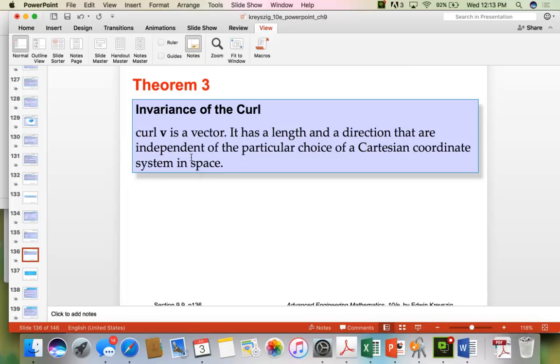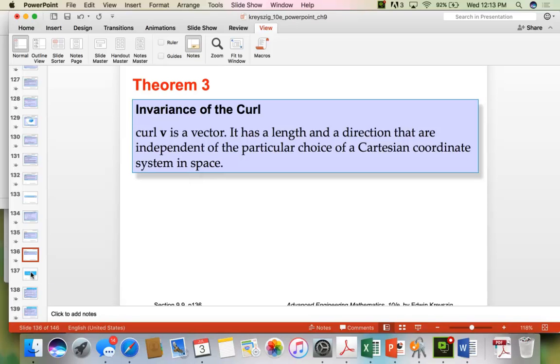Okay, once again, the curl is invariant. It is a vector, but it does have a length and a direction that are independent of the choice of Cartesian coordinate systems in space. So you will get the same Cartesian vector coordinate for the curl. If you're doing this in spherical or cylindrical coordinates, the same thing will apply.